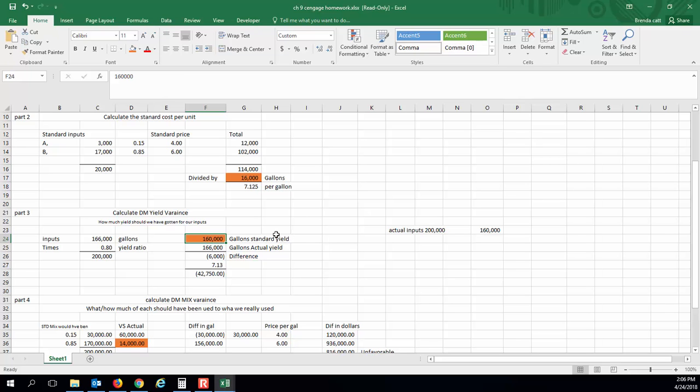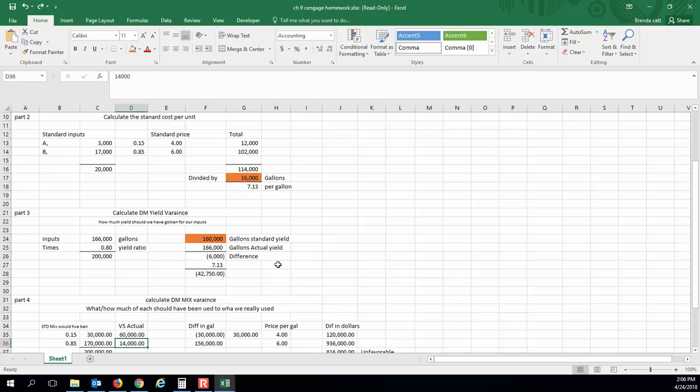For what we put in, what should we have expected to get out? We would have expected to get 80% of it out. So that's 160 here. I don't remember, what did you have? 200,000 there. Okay, but 200,000 is the whole thing that went in, not the actual yield that we would have expected out.